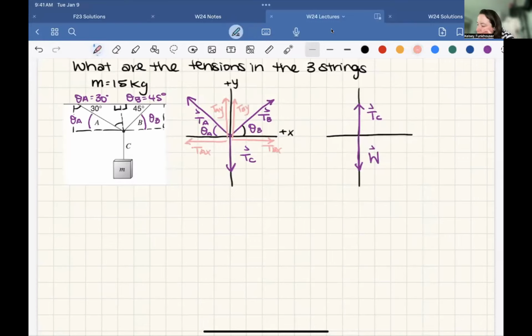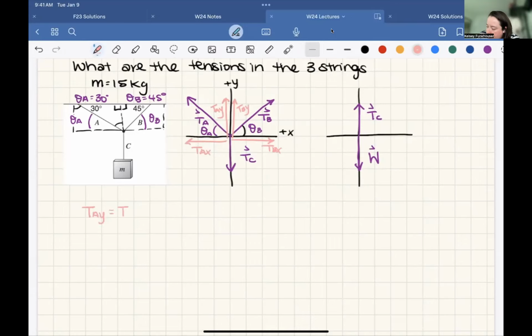Maybe before we do that, we'll just quickly write down the equations for the different components of the tension. So let's see, TAY, this angle is opposite of the angle here.